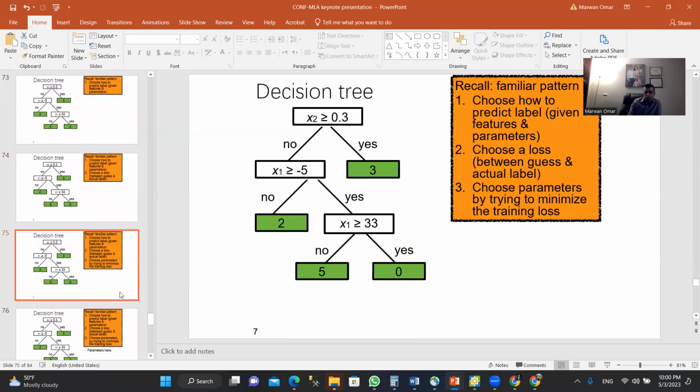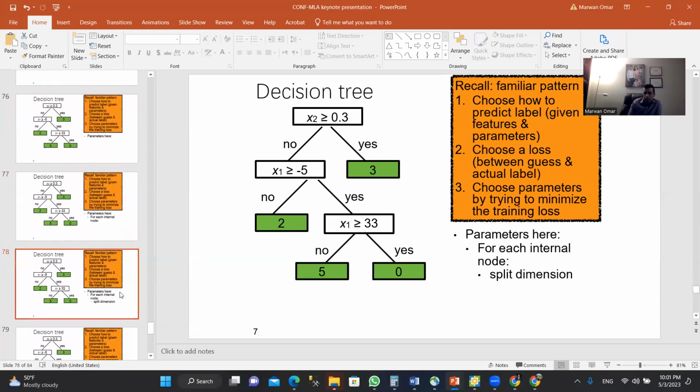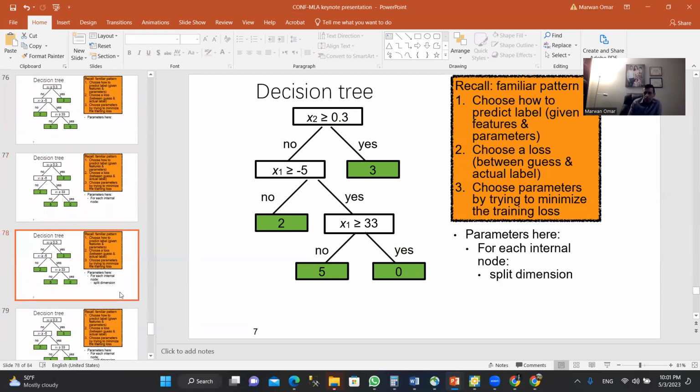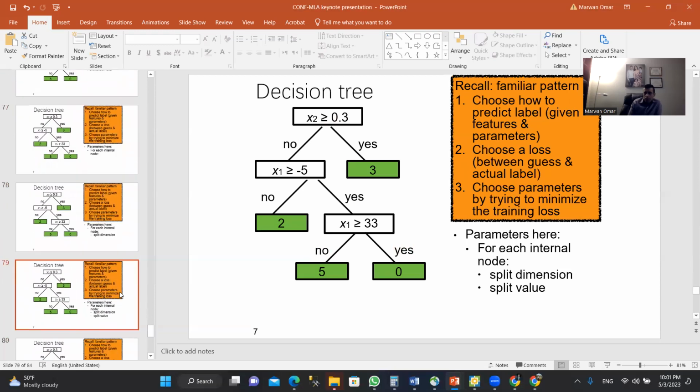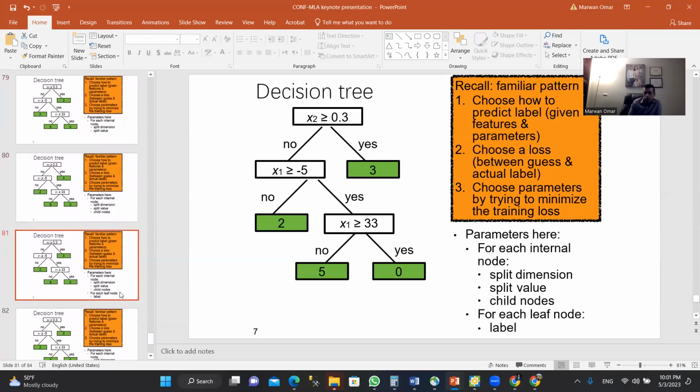So these are familiar patterns. We choose how to predict the label given features and parameters. We choose a loss between the guess and the actual label. We will choose parameters by trying to minimize the training loss. And the parameters here, for each internal node, are the split dimension, split value, and child nodes.